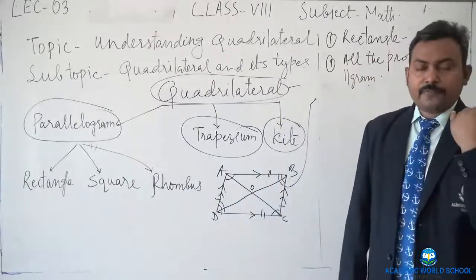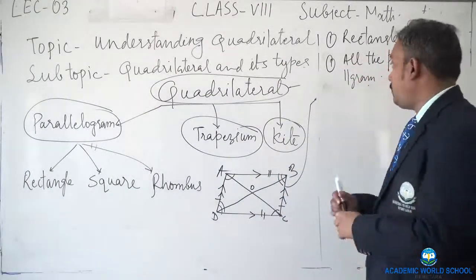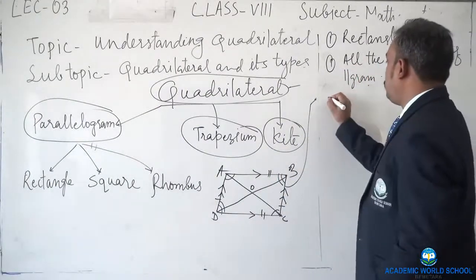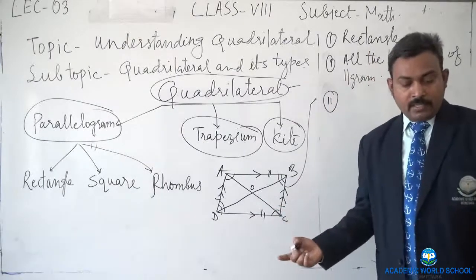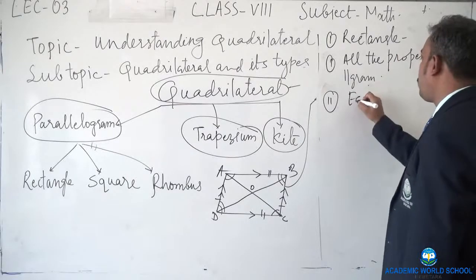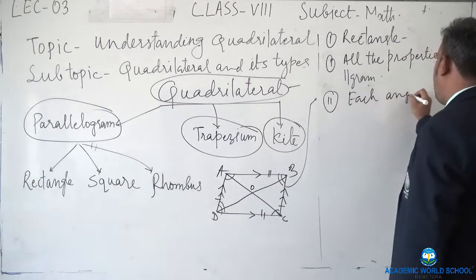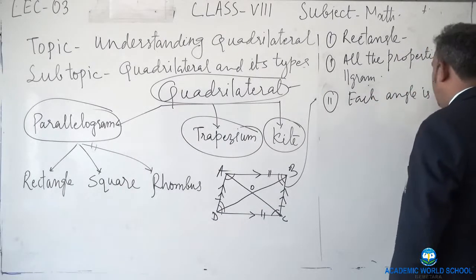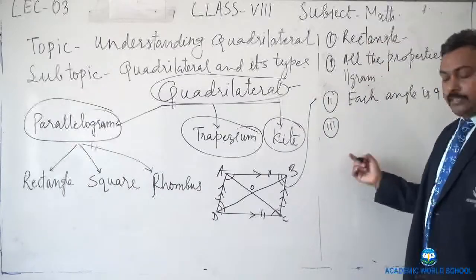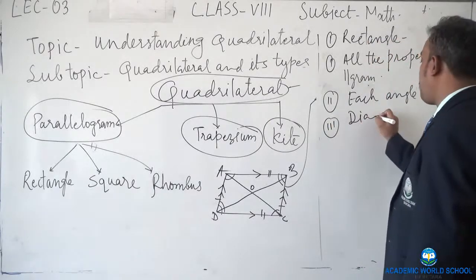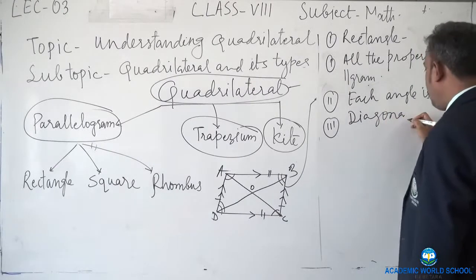And apart from that, there are two other properties. Each angle is 90 degrees, and the third property is that its diagonals are equal.